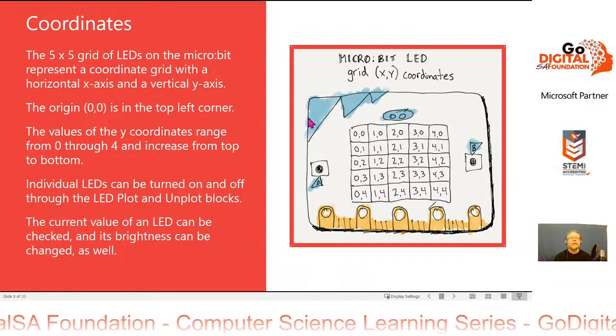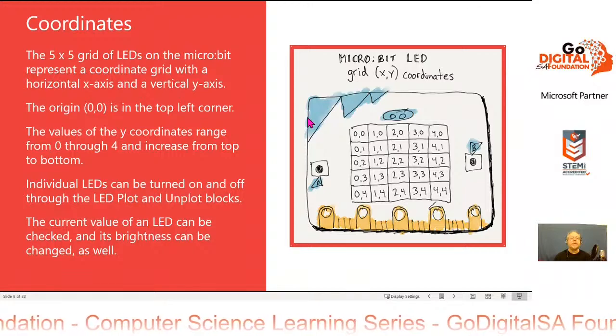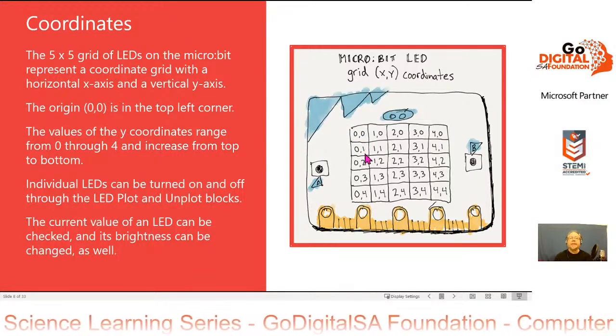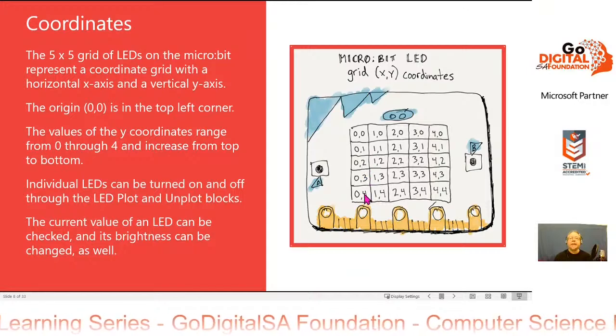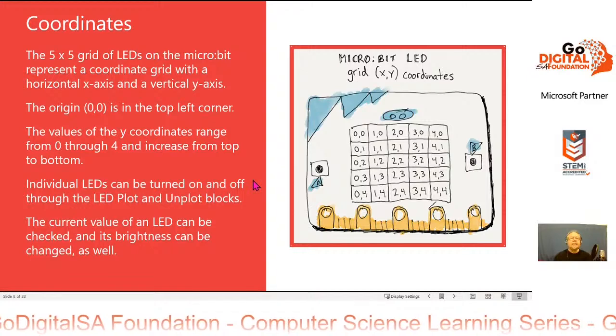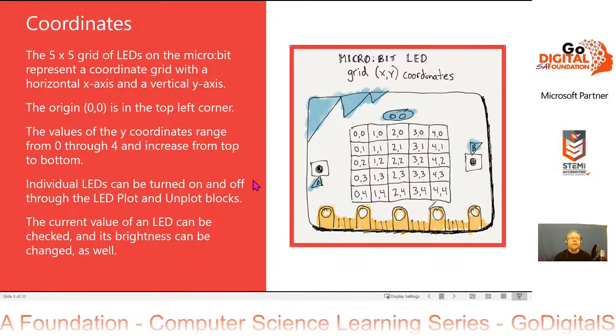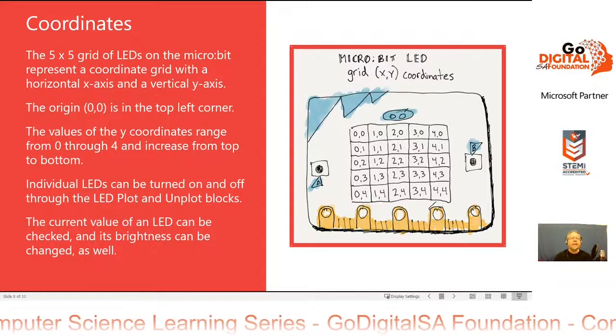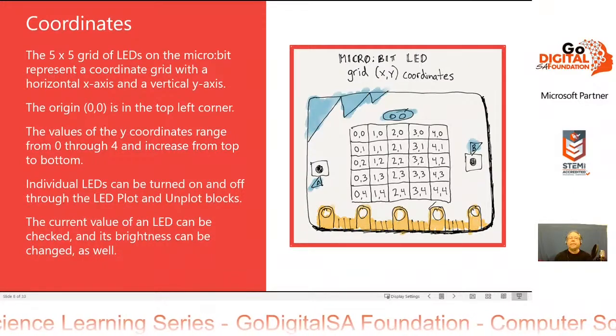The values of the y-coordinates range from 0 to 4 and increase from top to bottom. So here y is 0, y is 1, y is 2, y is 3, y is 4. Individual LEDs can be turned on and off through the LED plot and unplot blocks. The current value of an LED can be checked and its brightness can be changed as well.